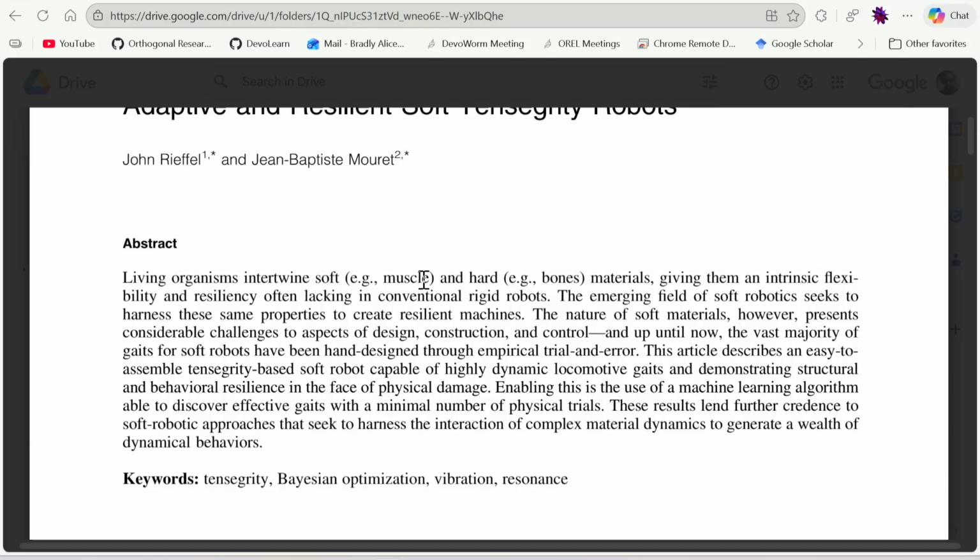So they're going to be thinking about optimization, but they're also thinking about the sort of form finding.